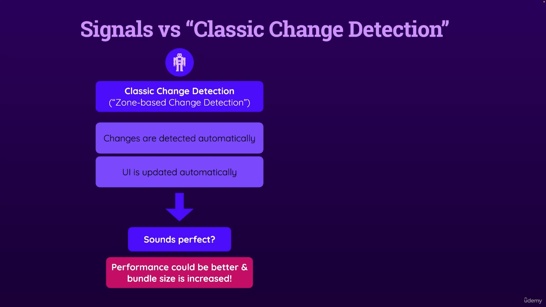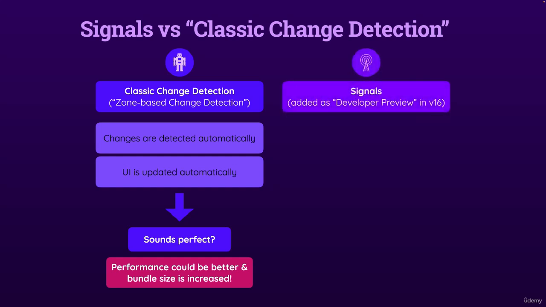And since Angular has to watch for all those changes and has to check all your data and update the UI whenever anything happens that could potentially lead to a change in data, the overall app performance is not optimal. And that's the disadvantage of the current change detection approach. Application performance could be better, and the overall application bundle size is actually increased because you have to include that extra library that takes care of this change detection.